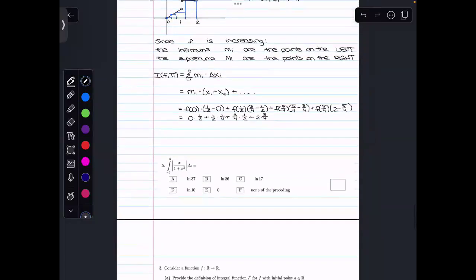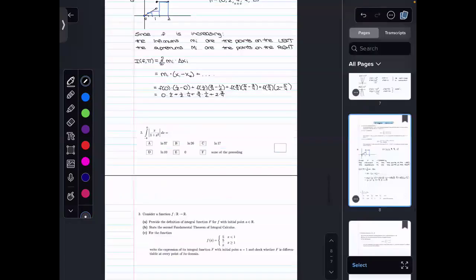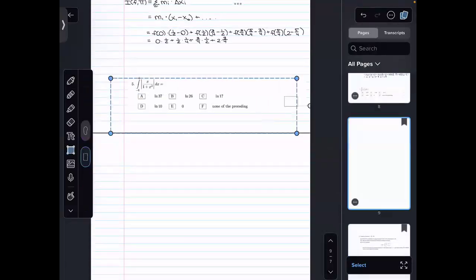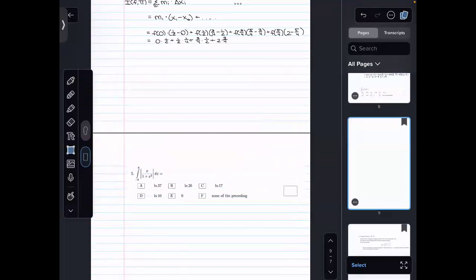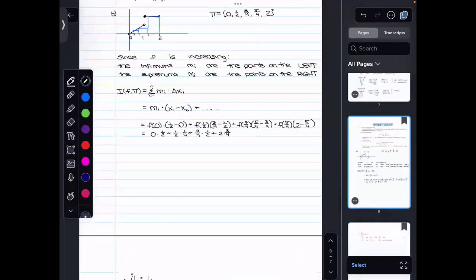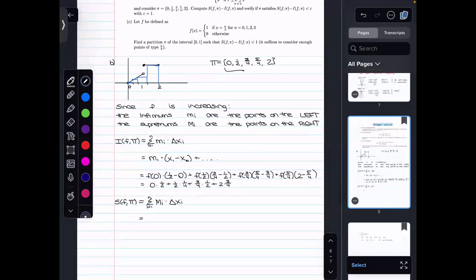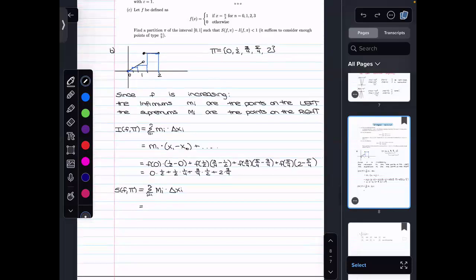Now it's the same kind of thing for the upper integral sum, just that instead we're taking the points on the right. We call those the capital M values, because these are the supremums. So now instead of using these 4 values, we use these 4 values. Other than that, the calculation is the same.